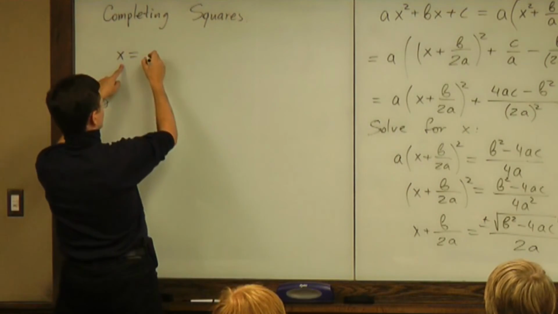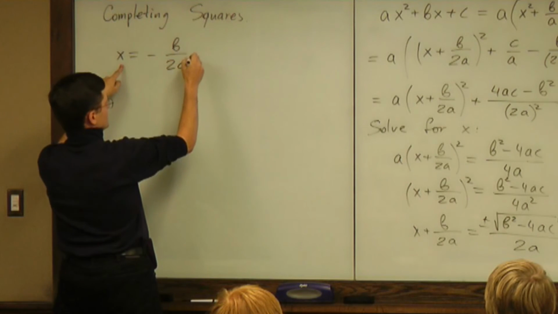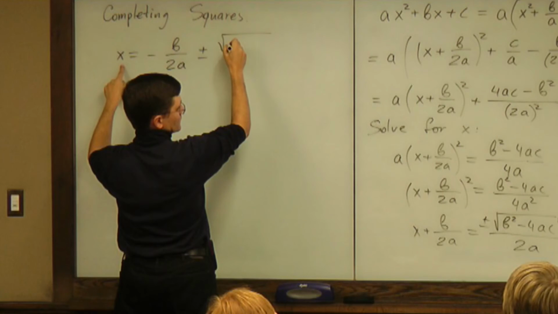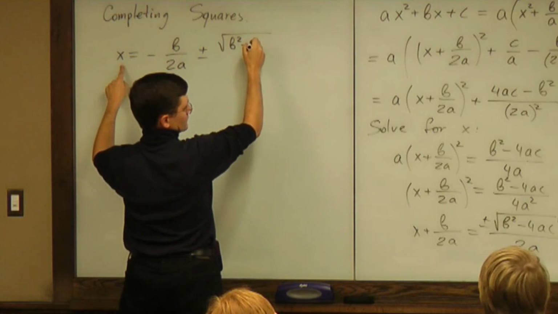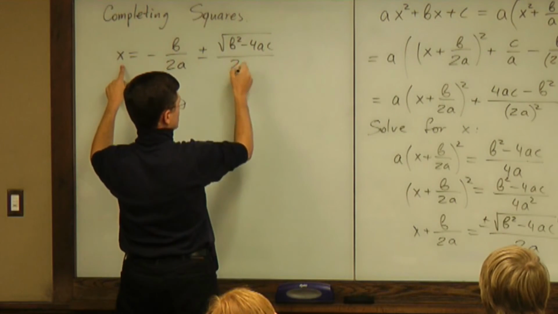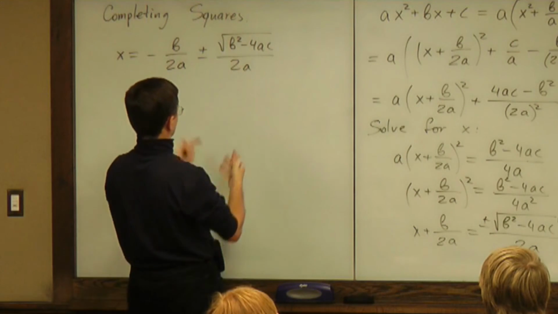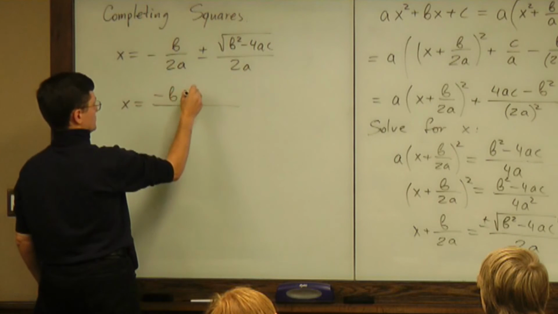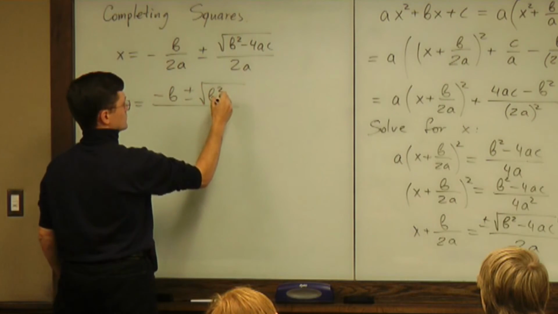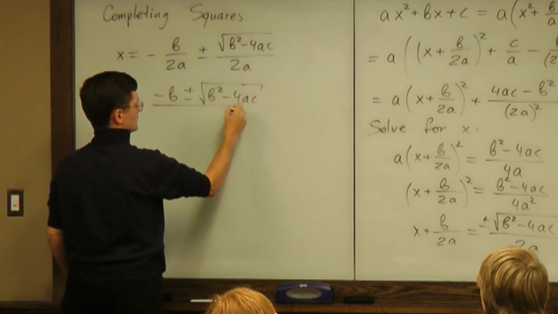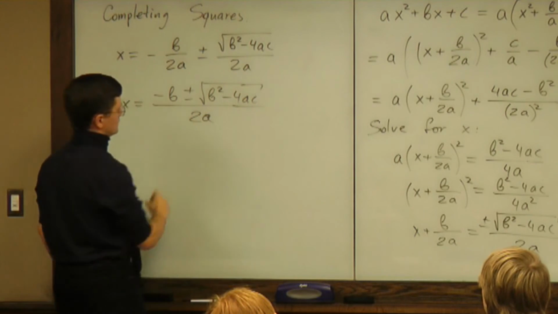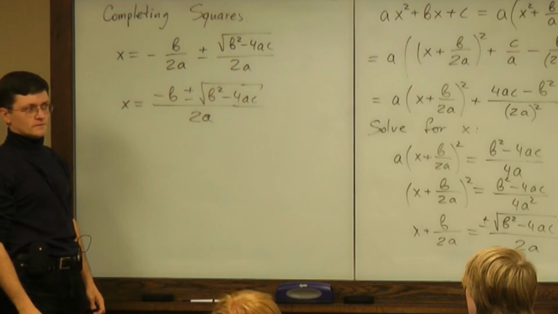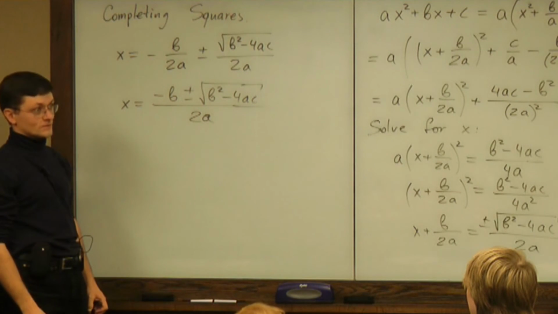So x is equal to negative b over 2a plus or minus the square root of b squared minus 4ac over 2a. Same 2a, so I have a common denominator. So x is negative b plus or minus the square root of b squared minus 4ac, divided by 2a. That's cool, right?